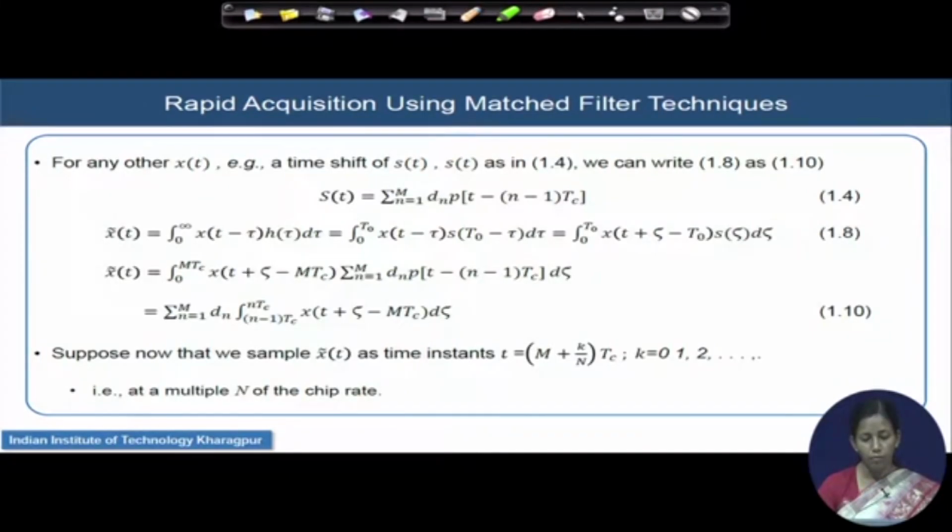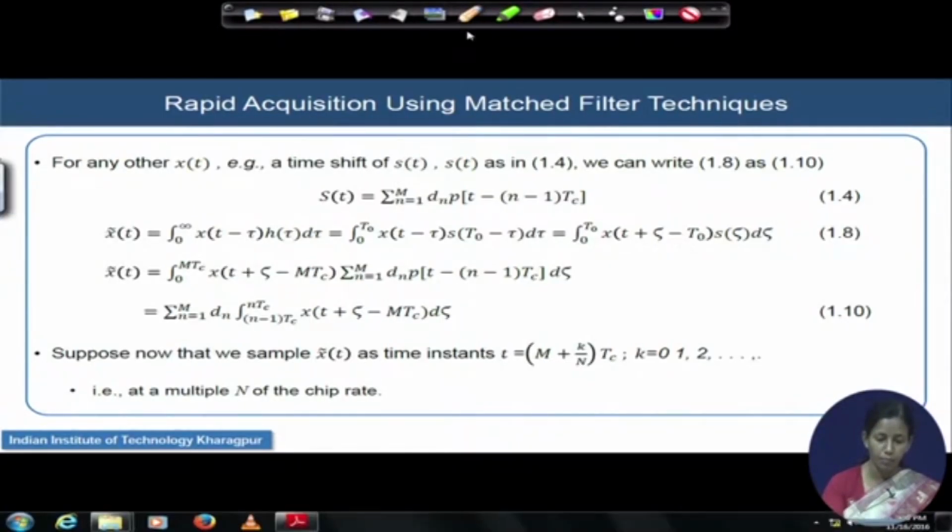Now if they both exactly match each other, what if they do not? Suppose there is a time shift of s(t), in such a way that in our case we are dealing with a capital M number of chips. Every chip from the second onwards comes as a time shifted version, shifted by a fixed time interval Tc.